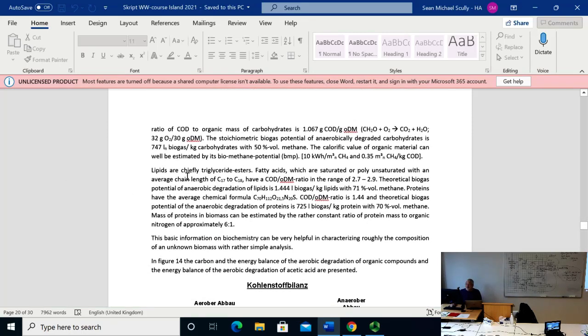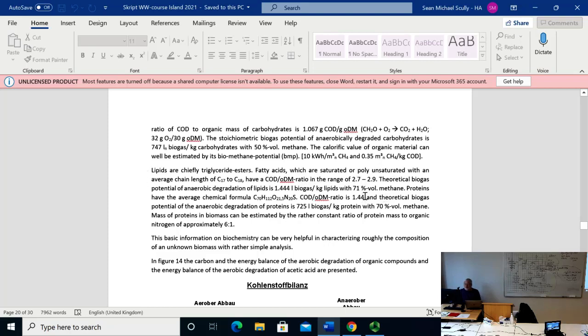The lipids are chiefly triglyceride esters of fatty acids, which are saturated or polyunsaturated with average chain lengths of 17 to 18. That's what you mostly have in fats you find in the environment. Then you will have a COD to ODM ratio in the range of 2.7 to 2.9.